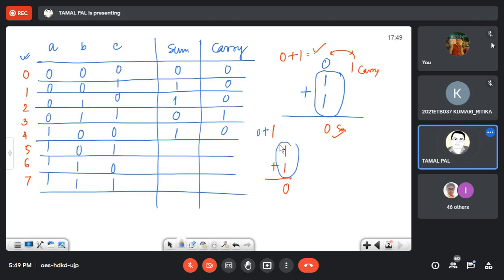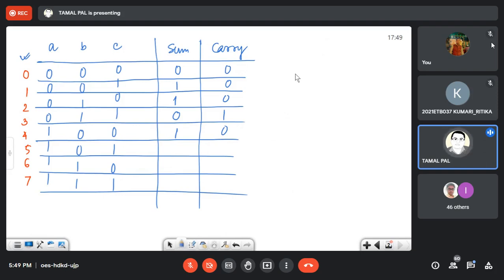Okay, I think there is some problem with the explanation. 1 plus 1, if it is 2-bit, then 0, then 1, and now we are adding 1. Sorry, there is one more 0. Then we have to add. Actually, I had added with carry. That is the root of the confusion. Now it is final sum, and this is the carry. I think it will be much better to understand.